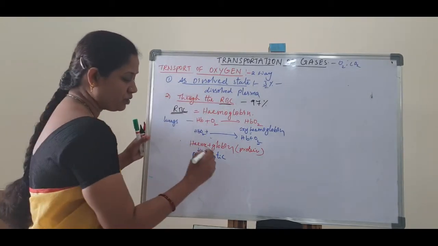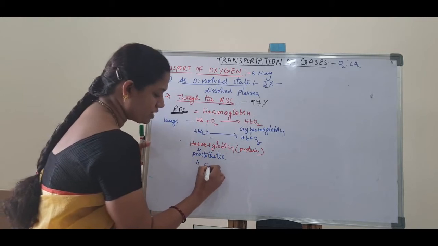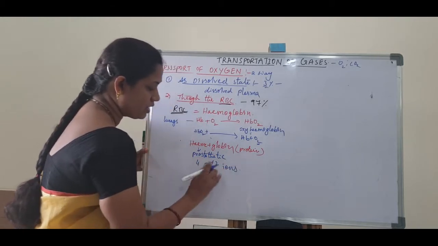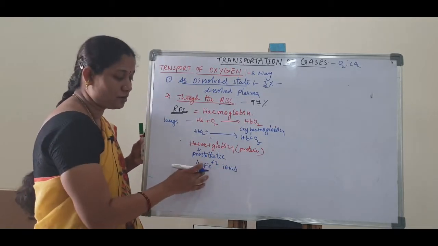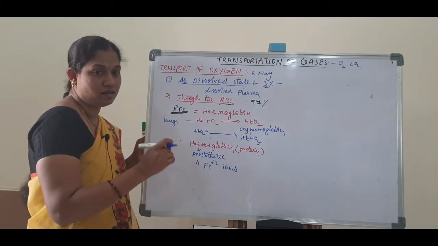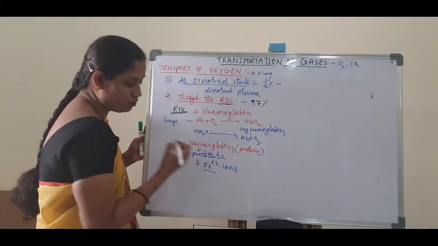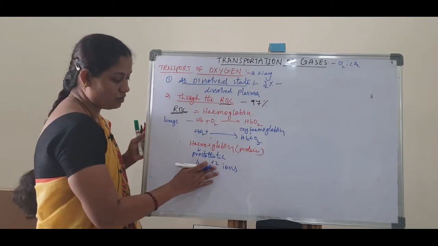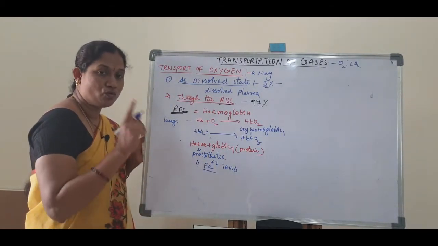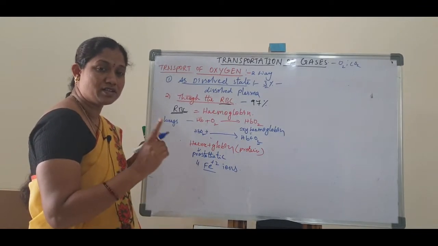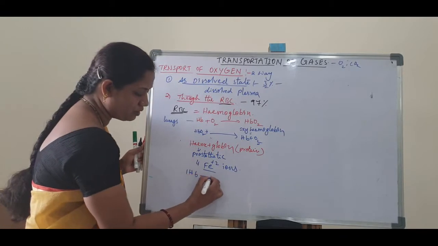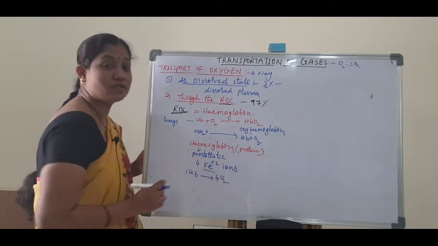In the heme, 4 ferrous ions or iron ions are present, Fe plus 2. These ferrous ions can bind with oxygen. So one hemoglobin can bind with 4 oxygen molecules.